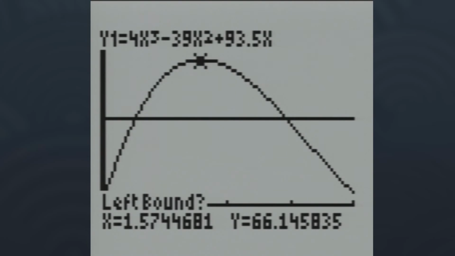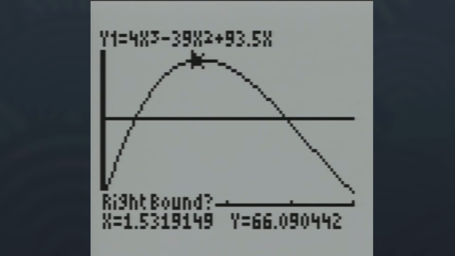My recommendation would be just go a little bit to the left, a little bit to the right of where you're starting out. That's why I recommend that you start out at the highest y value. So for my left bound, from where I'm sitting right now, I'm just going to go 1 hit to the left with my left arrow, and I'm going to hit enter. And you'll notice then that the question changes to right bound. So I'm going to go 1 hit back to the right where I started, and then go 1 more to the right.